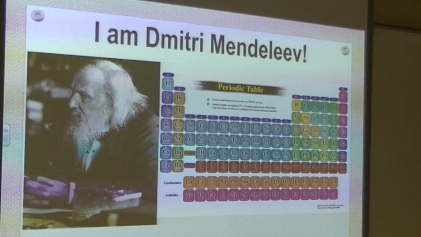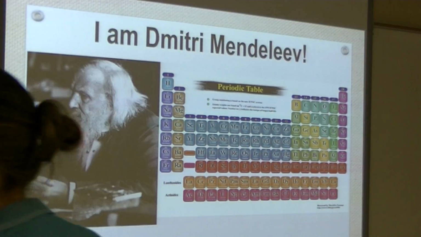Now, the way the periodic table looked when he published it and the way it looks today are a little bit different. We've added to it significantly, but he is credited with completing and publishing the first version of the periodic table. We will talk quite a bit more about him and some of the other scientists.